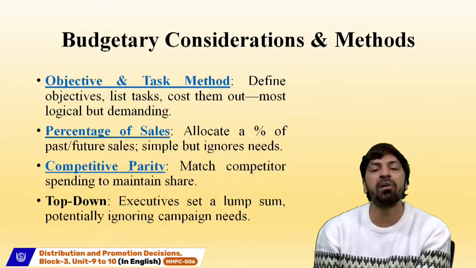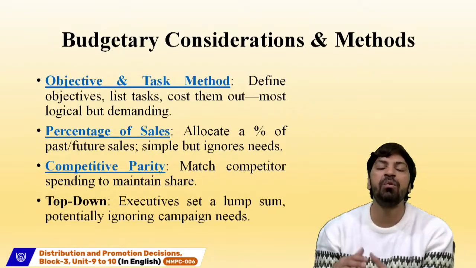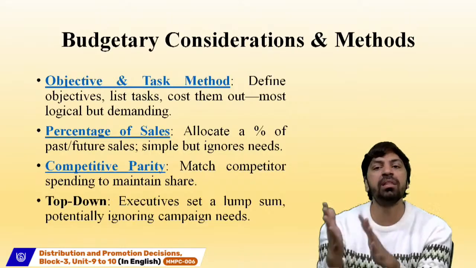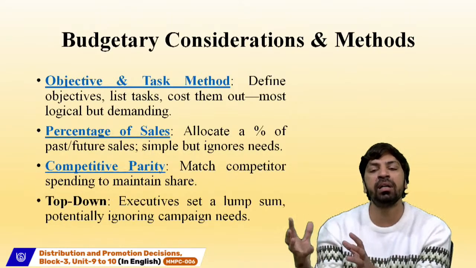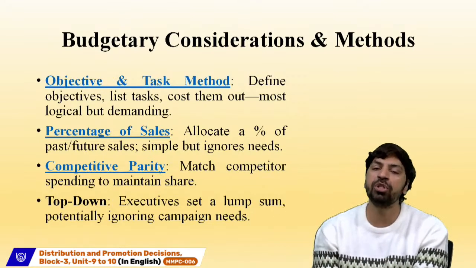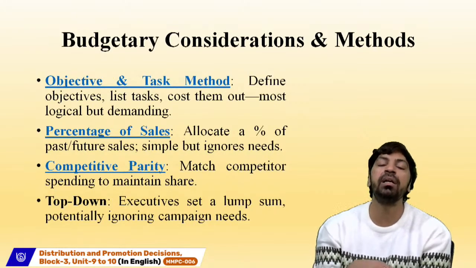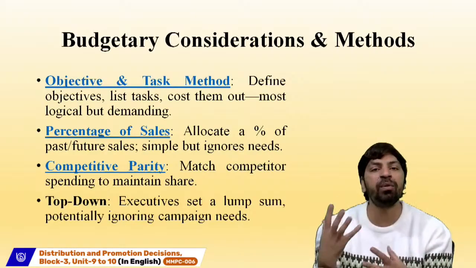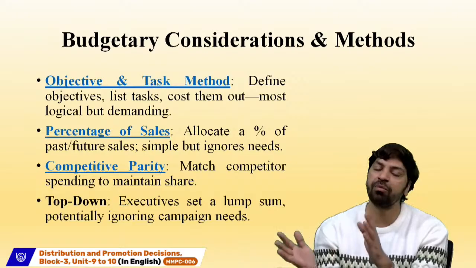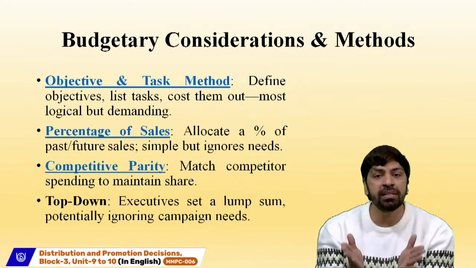The next and most important is budgetary consideration and methods. The company has to allocate the funds for the company objectives or for the selected promotional activities, so these are the methods to decide how to allocate the funds. The first one is the objective and task method. It defines the objectives.